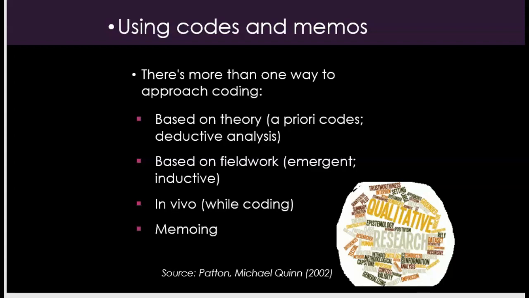Or you can do it in vivo, which means while you're coding, you are making notes, you're creating codes, you're removing codes, that kind of thing. And then in memoing, and memoing is where you're making memos about what you have found or what you have discovered throughout the process. So those are the different ways in which you can use codes and memos to create the structure that you're going to be doing.